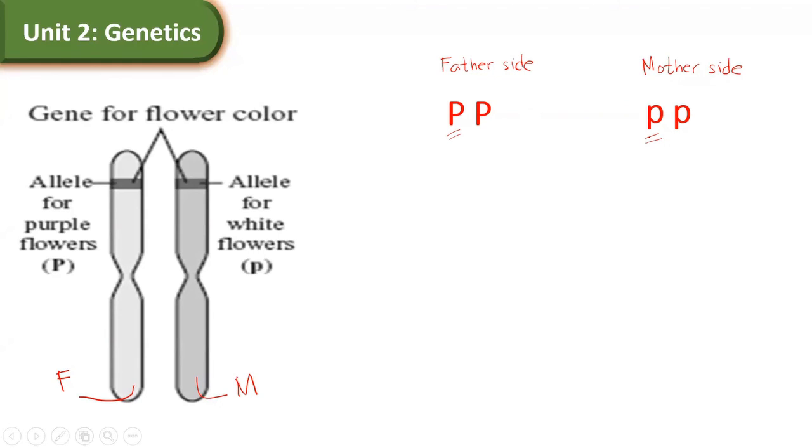So in your law of segregation, one allele is contributed by the father and one allele is contributed by the mother side. So the offspring will have one allele from the father and one allele from the mother.